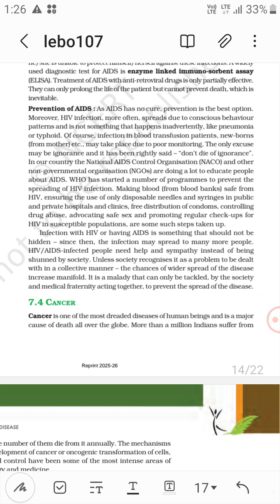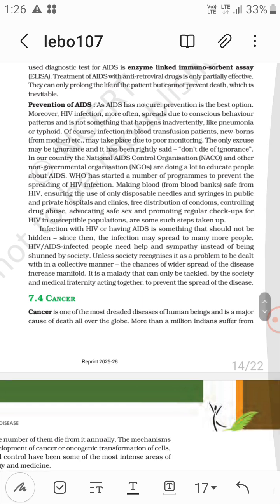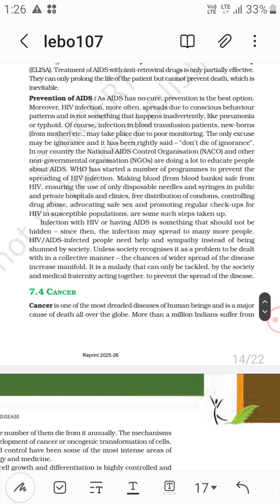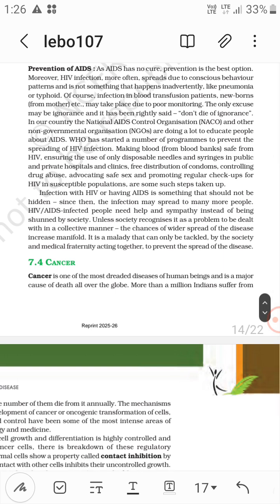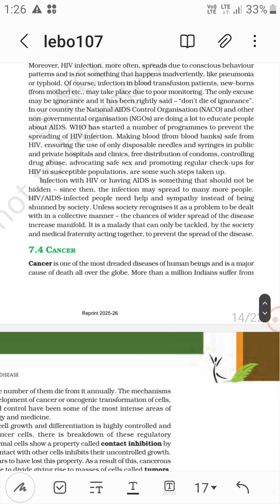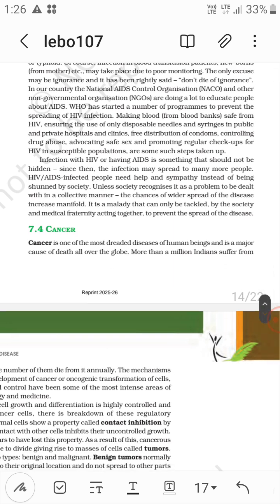WHO, the World Health Organization, is also involved. Steps taken include making blood from blood banks safe from HIV, ensuring the use of only disposable needles in public and private hospitals and clinics, free distribution of condoms, controlling drug abuse, advocating safe sex, and promoting regular checkups for HIV in the susceptible population.